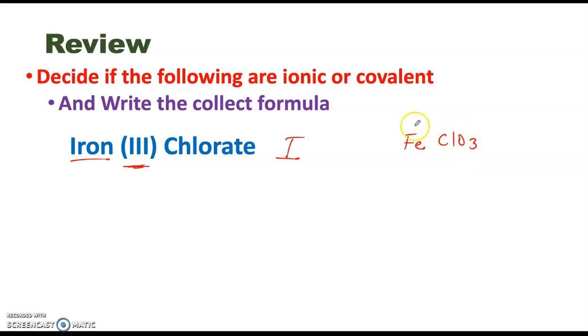Because it's ionic, I've got to do some charge balancing here. So I go back, chlorate is a -1. This iron can be +2 or +3 on my yellow sheet, but this tells me that it is +3. No need to actually look it up. That means I need 3 of these. So I'm going to multiply this by 3 to balance out this +3. So if I need 3 chlorates, I better put this in parentheses and put a 3 there.